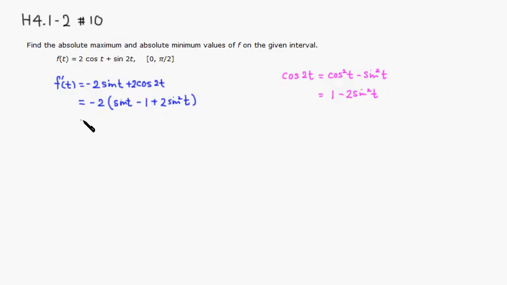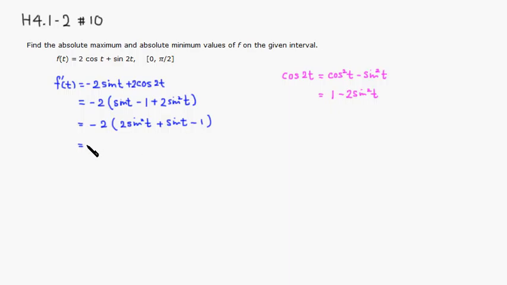I'm going to just reorder them, so it's negative 2 times 2 sine squared of t plus sine of t minus 1.